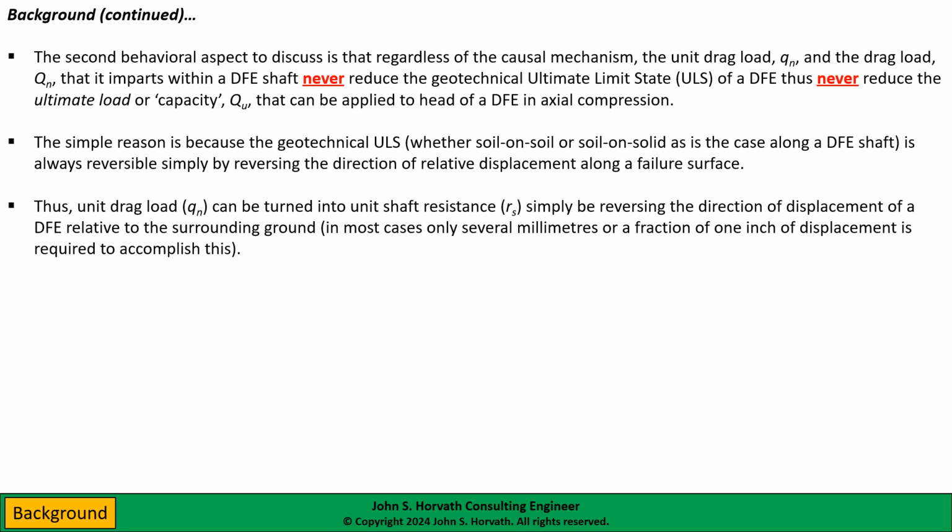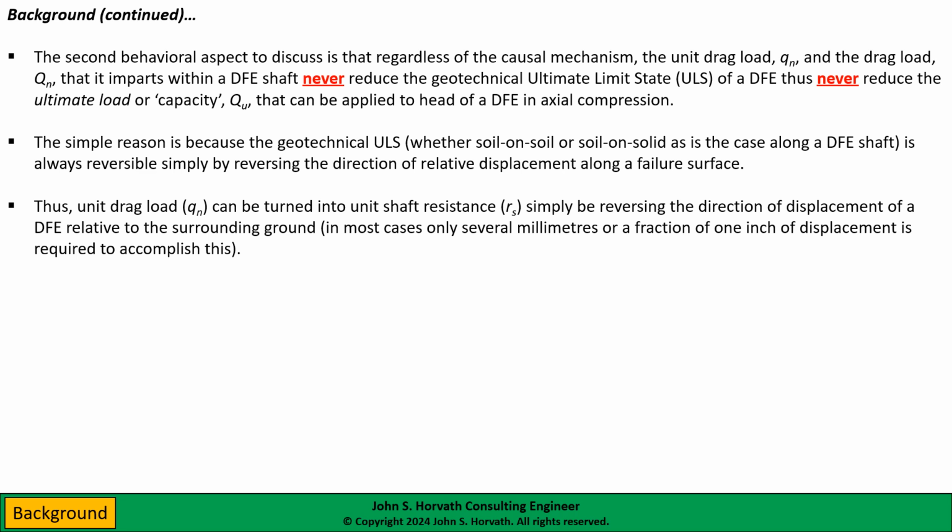So the bottom line is that unit drag load, of course, can be turned into unit shaft resistance simply by reversing the direction of displacement of a DFE relative to the surrounding ground. Again, just because the soil pile or soil DFE interface has failed in one direction, simply by reversing the movement of the DFE, we can unfail it, if you will, and then go fail it going in the other direction.